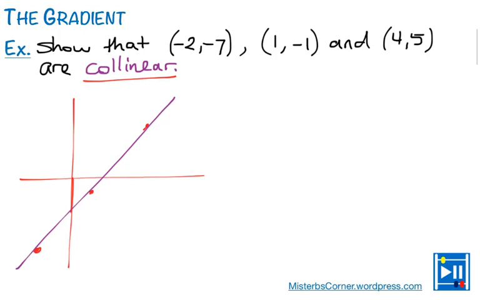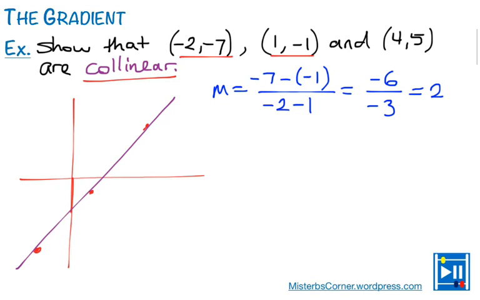Well, the only way to show this is to calculate gradients, right? So first, I'm going to pick these 2 points. It doesn't matter which 2 you pick, but I just chose these. I'm going to calculate the gradient for these 2. So m is equal to 2. So, if there's a line passing through these 2 points, its gradient would be 2.